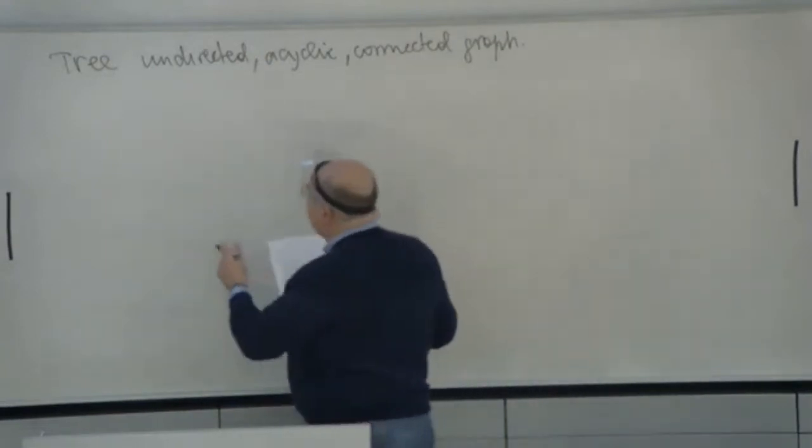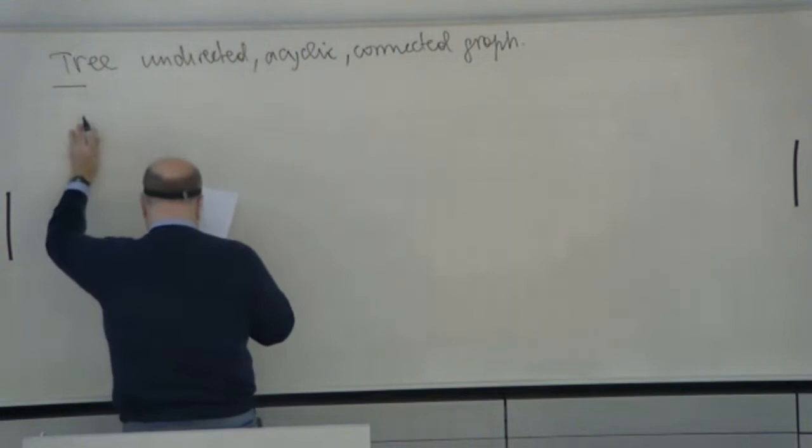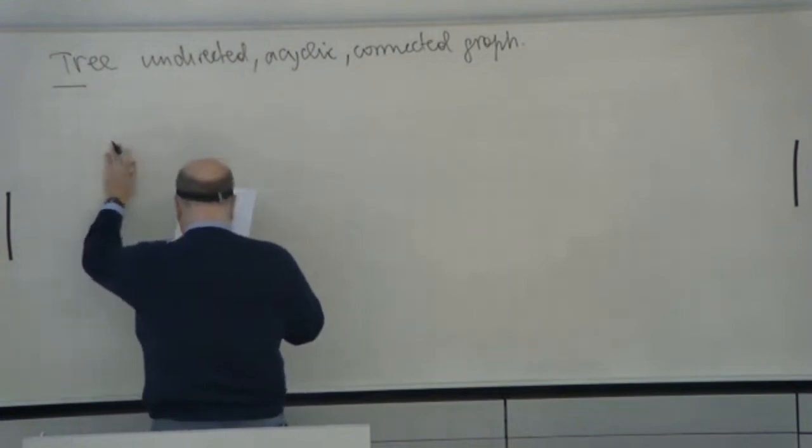A binary tree, well, the definition the book gives is kind of a recursive definition.